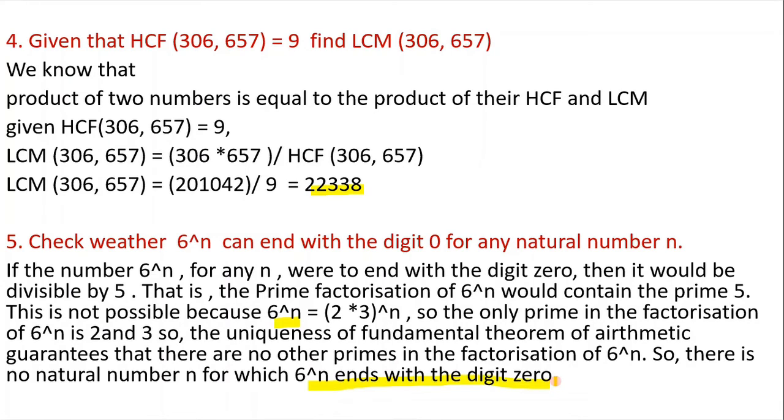It simply states that if 6 power n ends with 0, it must be divisible by 5. But if you find the factors of 6 power n, we get 2 and 3 but not 5. Hence, for any value of n, we cannot make the number end with 0.